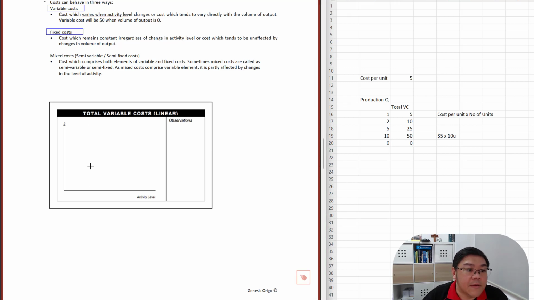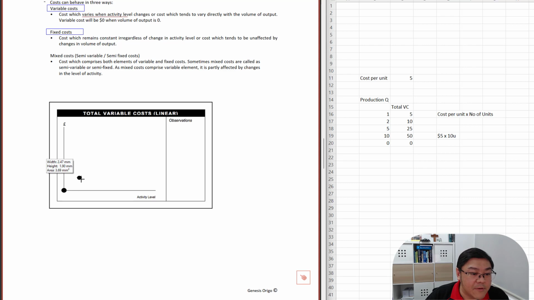If you don't make anything at all, it's going to start from 0. When you make 1 unit, it's going to cost you $5. If you make a second unit, it's going to cost you $10. If you don't make anything, it's going to be like that.